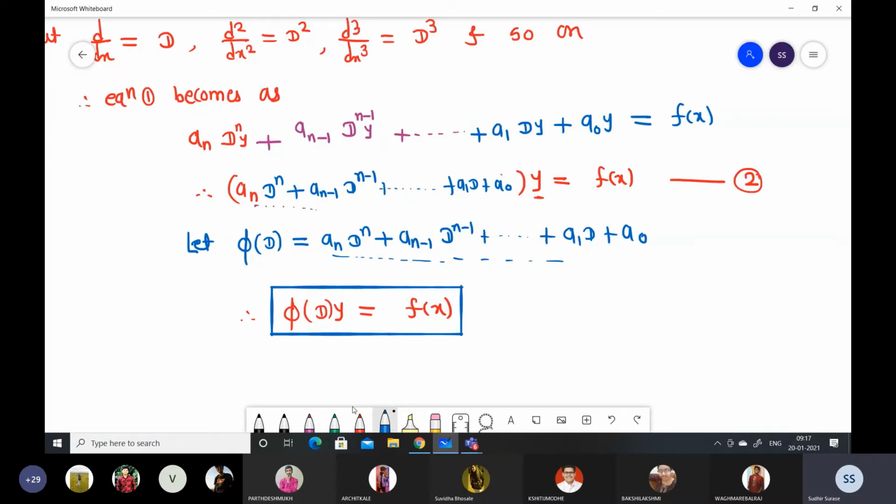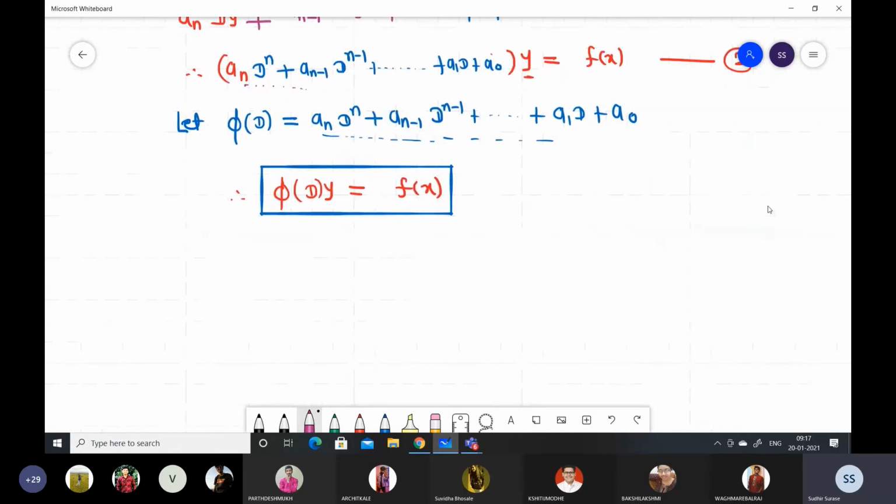Okay. Now the next term I want to define is the homogeneous linear differential equation. What is a homogeneous linear differential equation? Very simple.